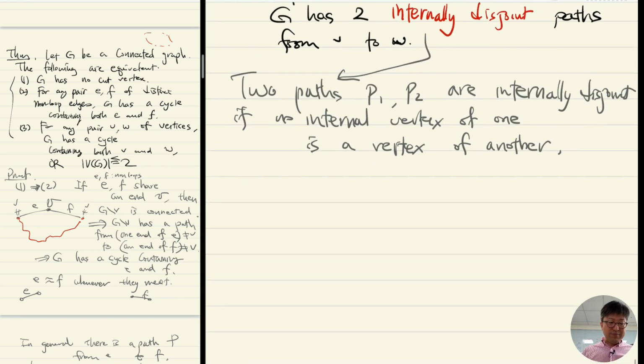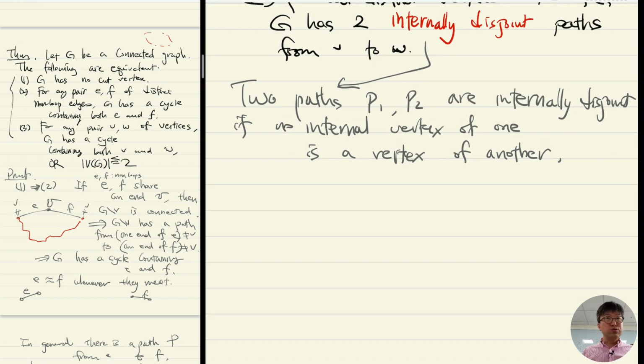All right, so let me show you two theorems about the constructions of two connected graphs. The first one is called the ear decompositions.